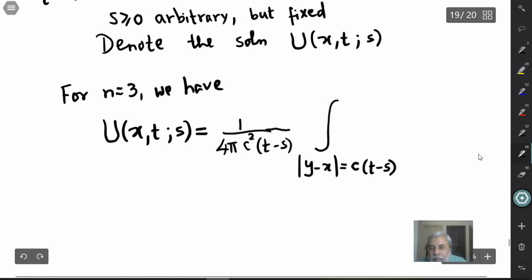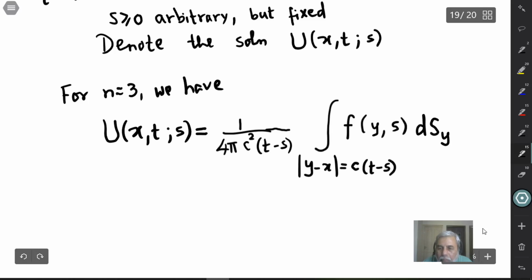So this is a surface integral, and this one is f of y, s, d s. That is the surface measure on this sphere.